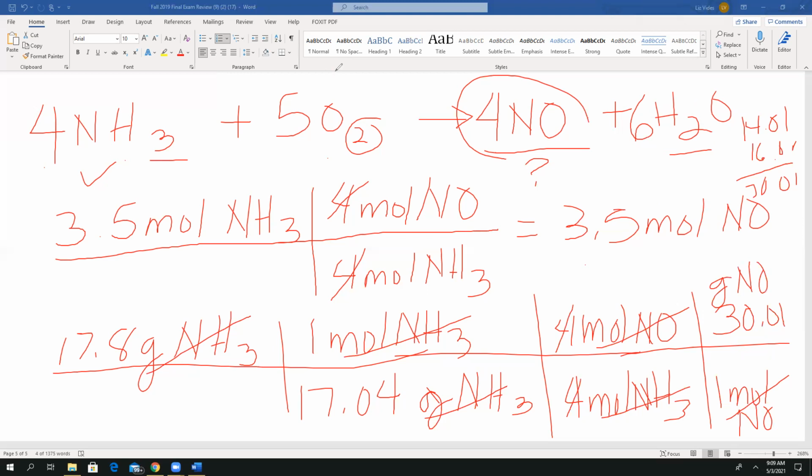Times 30.01. That's your top. Then you're dividing it by 17.04. And that should give us our answer. Our answer is 31, and we only have 3 sig figs, so it's 31.3 grams of NO. That's what you're gonna make, all right?